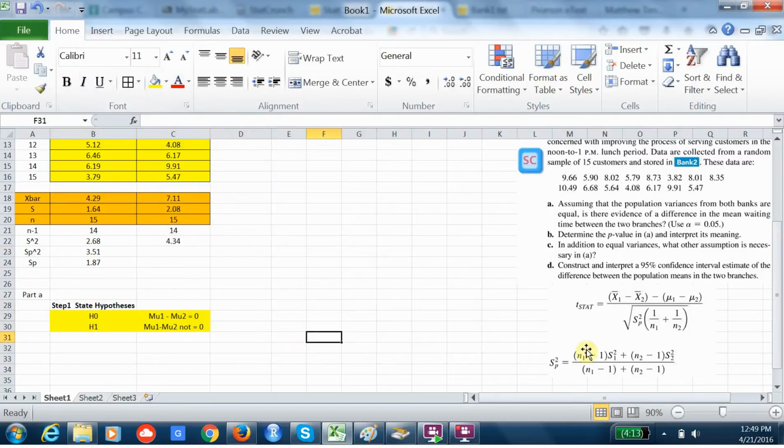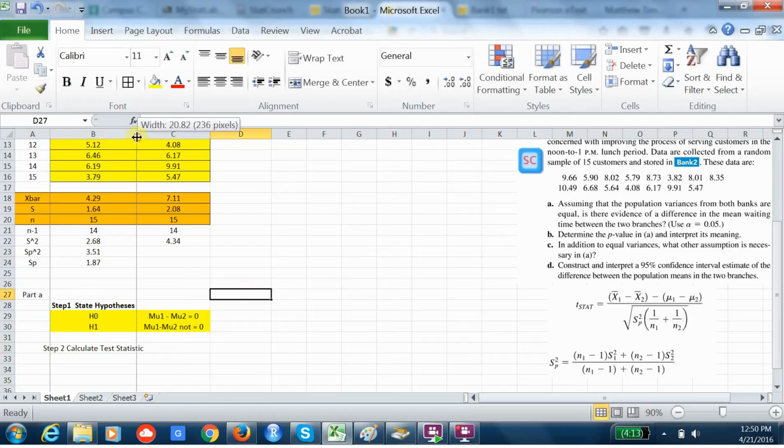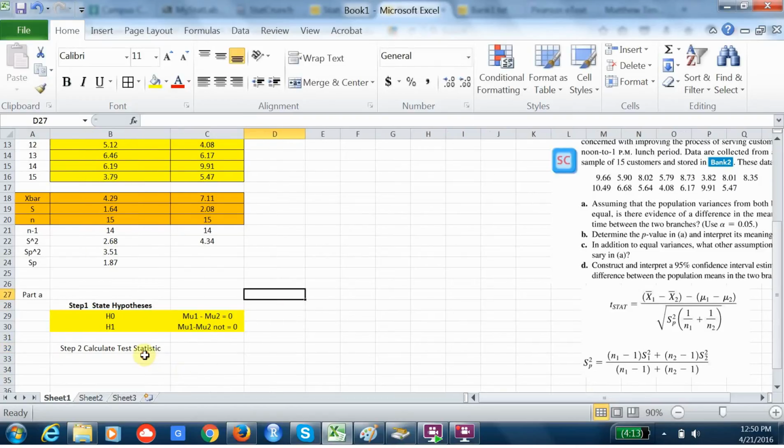Okay, second thing I'm going to do is I'm going to calculate the test statistic. And so okay, if I look at this, I see that it's going to be x1 bar minus x2 bar.